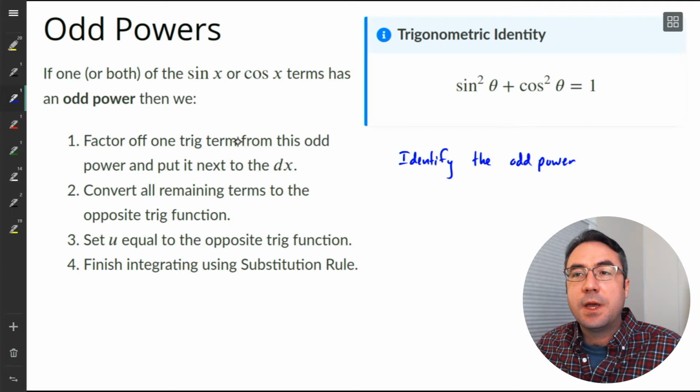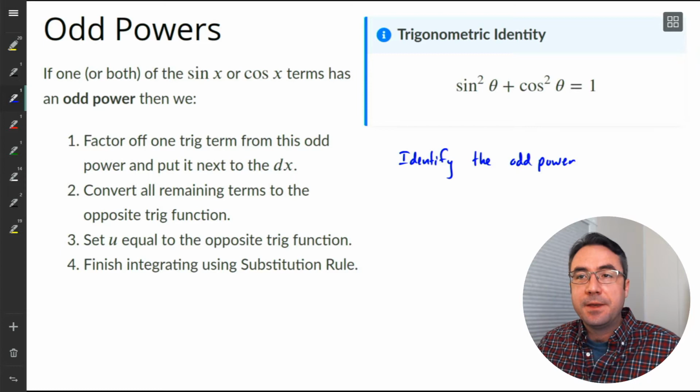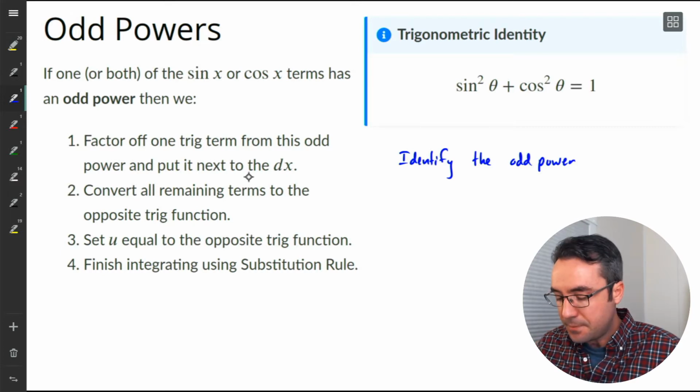Once we do that, we factor off one trig term from that odd power and put it next to the dx. So we're going to split up whichever term has an odd power, peel off one of the trig terms and move it next to the dx. We'll see how that works in the first example.